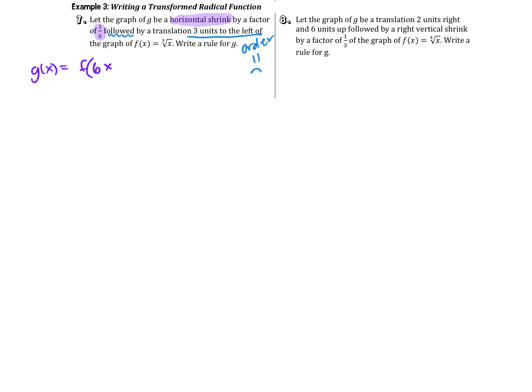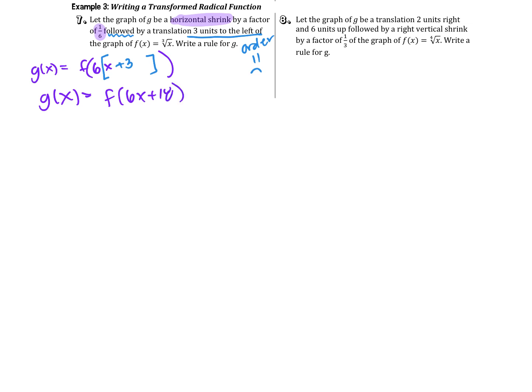That means the order is wrong. If the order is wrong, I need an extra set of parentheses to indicate that this 6 that happened first is going to impact the 3 that happens afterwards. So this is going to be f of 6 times the quantity x plus 3, which we can simplify. This is going to be f of 6x plus 18, because that 3 is going to be impacted by the 6.